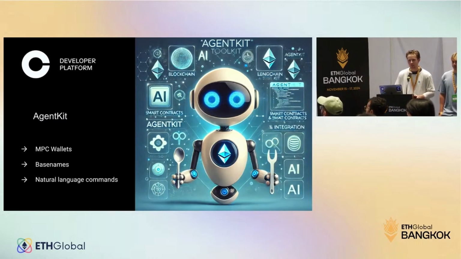AgentKit is model and AI framework agnostic and meant to be very extensible. It allows you to interact with agents and transfer funds, swap, pretty much anything you can think of in Web3 you can now do as an AI agent autonomously.